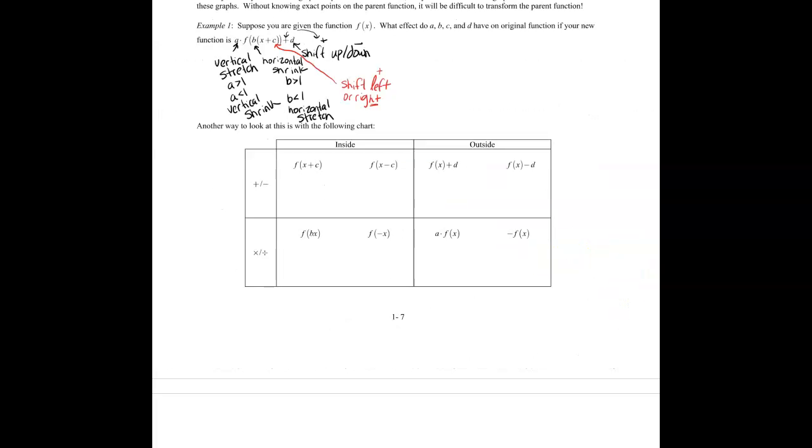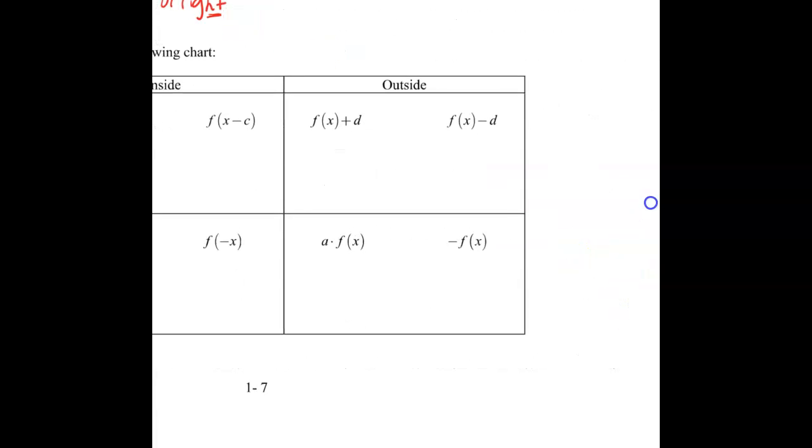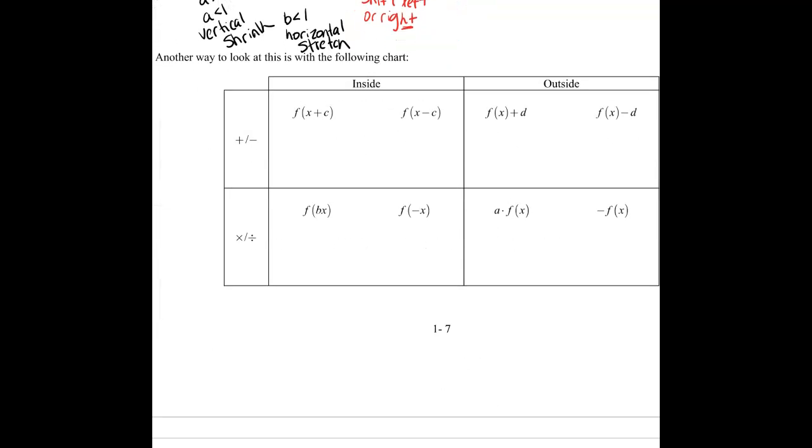Alright, so summarizing that up in a little chart like we had last year. Oops, I need to zoom out a little bit. So if I've got the inside, my x's are going to be opposite. And then if it's outside, then my y's are going to stay the same. Alright, so if I've got f of x plus c, what that's going to do is it's actually going to shift me left c.